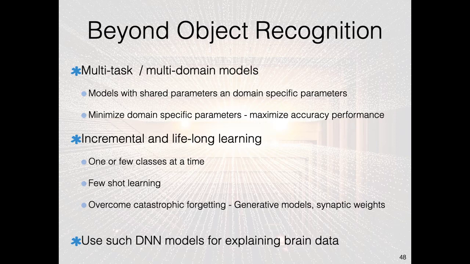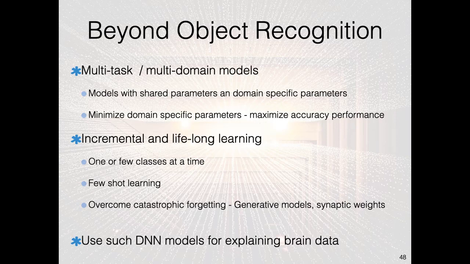So for this, hopefully, if we have this modular multitask model, it will be easy to overcome this catastrophic forgetting, and also with the help potentially later of generative models and synaptic weights.